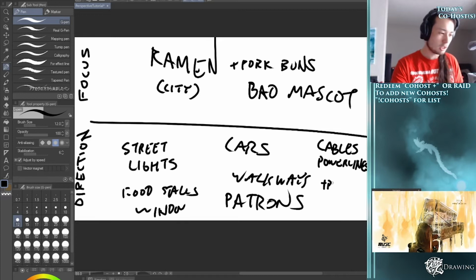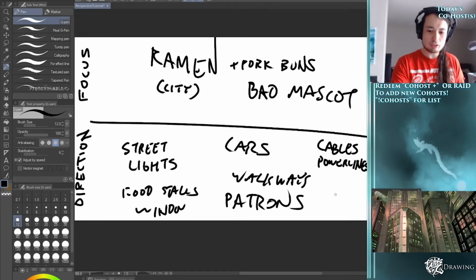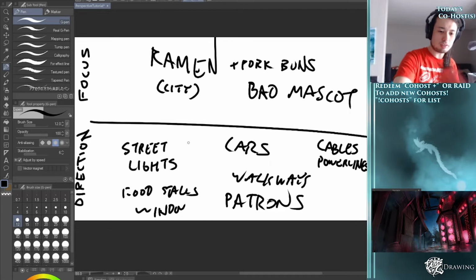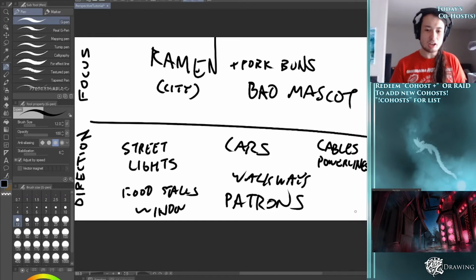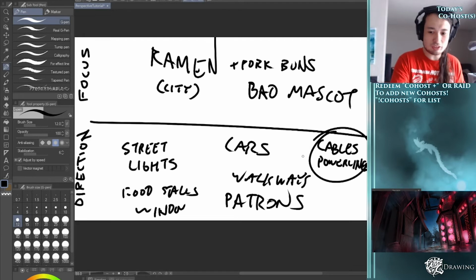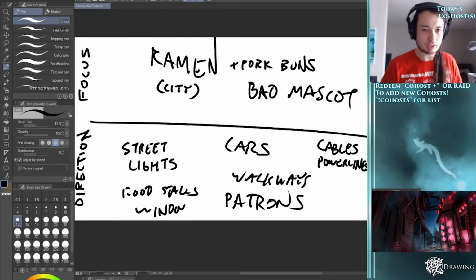Trash can. So trash can is interesting because I feel like unless you have a row of trash cans, it's going to be hard to direct flow that way, right? All of these things, you can imagine them lined up, you can imagine them large enough that they are themselves a flow, especially the cables and power lines. Really think that's a great idea.